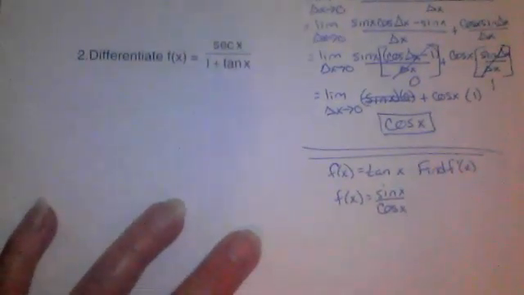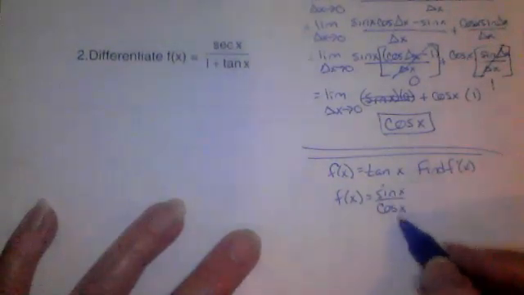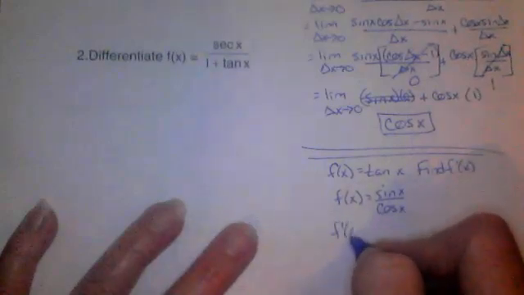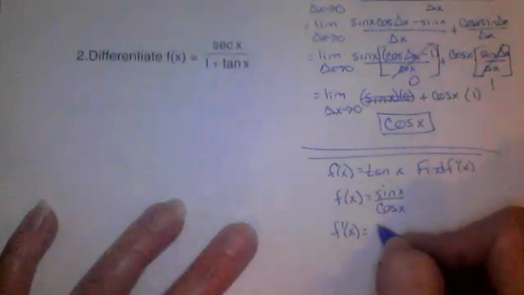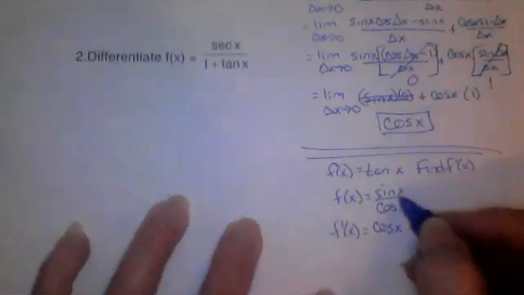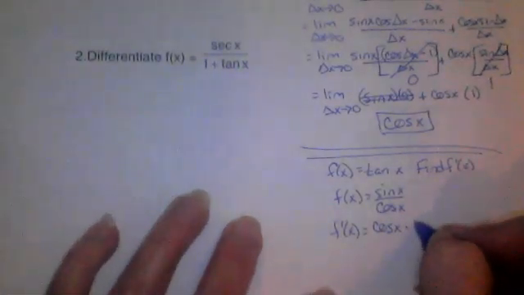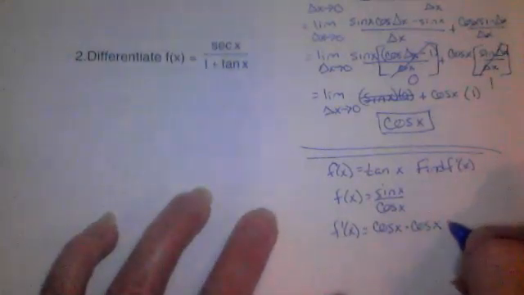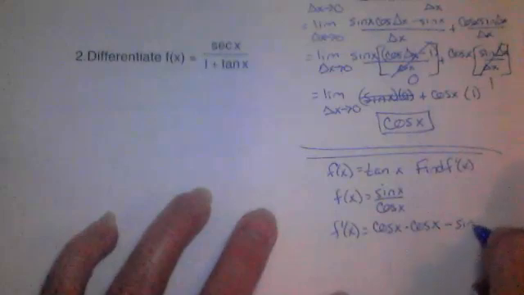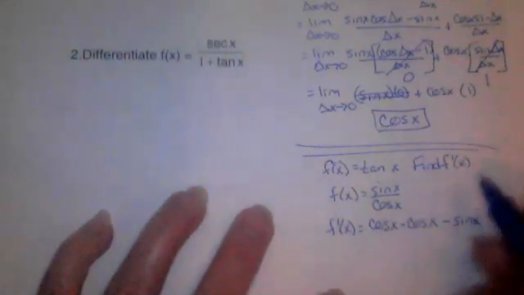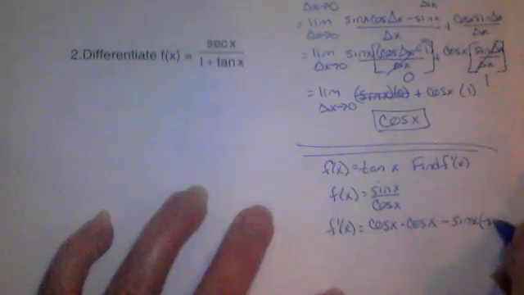And you guys know your quotient rule, right? And I just gave you the derivatives for sine and cosine. So here we go. We're going to use the quotient rule. We have the bottom, or the low, times the derivative of the high. And the derivative of sine is cosine. Then minus the top, or the high, times the derivative of the low. And the derivative of cosine is negative sine.